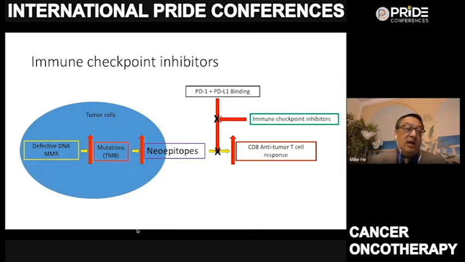Theoretically, if the tumor cells have a defective DNA mismatch repair, there will be more mutations, which can be measured by the tumor mutation burden. More mutations, more neoantigens, so theoretically there will be more cytotoxic immune response.